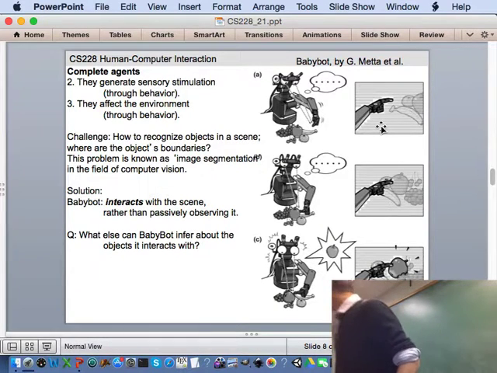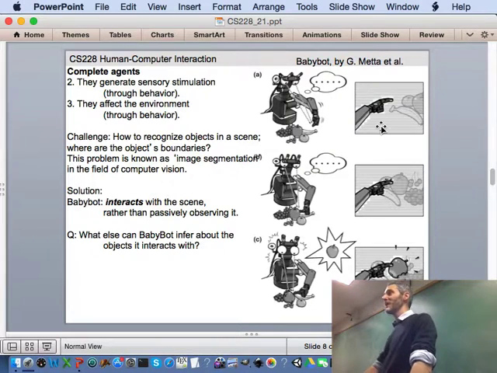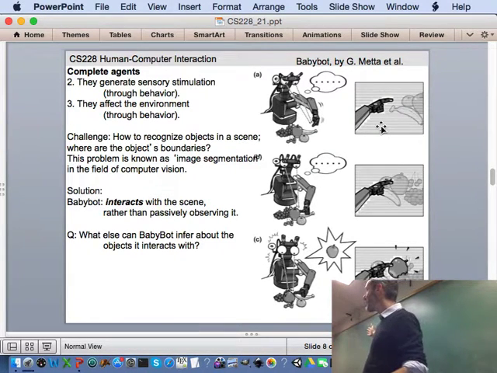Okay, so let's walk through a use case with BabyBot, which is an example interaction of BabyBot, in this case with the world. BabyBot starts with its arm out here, and it's looking down at the table with these objects in front of it. What do you think BabyBot sees in its video stream? Just its arm moving?